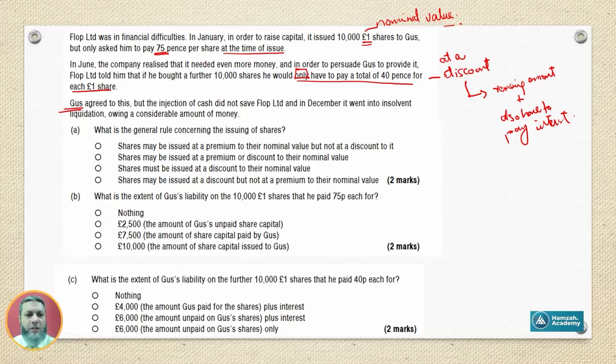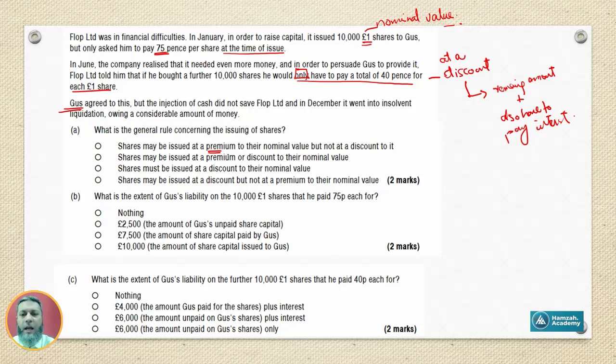So Gus agreed to this, but the injection of cash did not save Flop, and in December it went into insolvent liquidation, owing a considerable amount of money. Now, what is the general rule concerning issue of shares? So premium, if you sell above the par value or nominal value, that is allowed, but that remaining part will go into the reserve accounts that cannot be used to pay dividends.